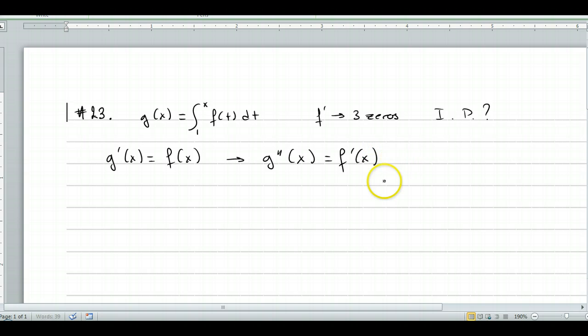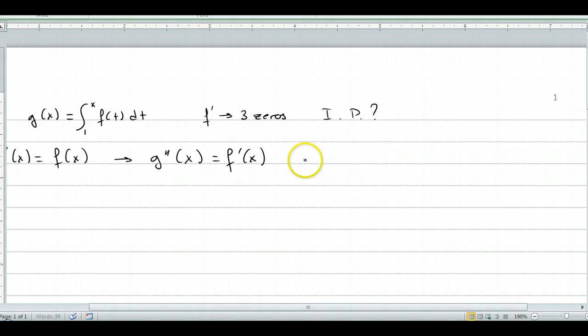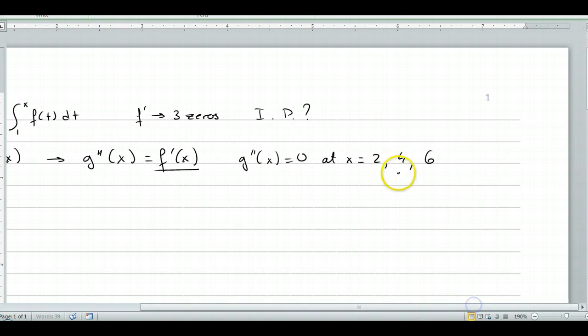Alright, then we also have g second of x equals 0 at x equals, let's see, 2. I'm looking at the table, right? G second is f prime, so 2, 4, and 6. But you see at 4, you notice something?